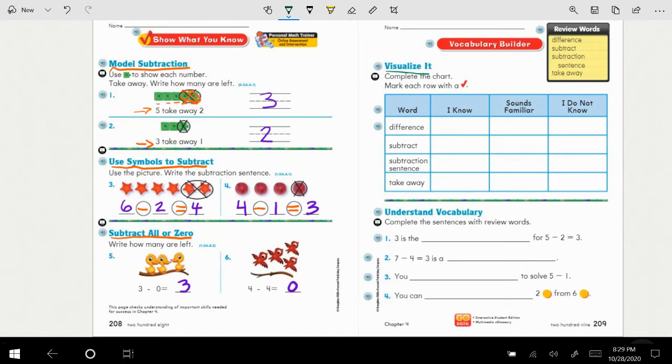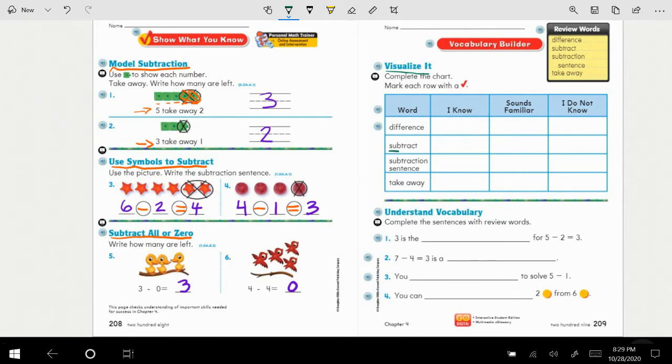If you don't know, but you remember hearing about it before, it sounds familiar, then you're going to check here in the middle. And if you are thinking difference for subtraction, I don't know why we would be using that, then you would check the last box. Remember, there's nothing wrong with your answer. I just want you to think about your own thinking.